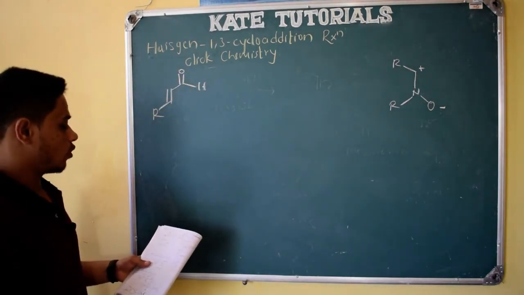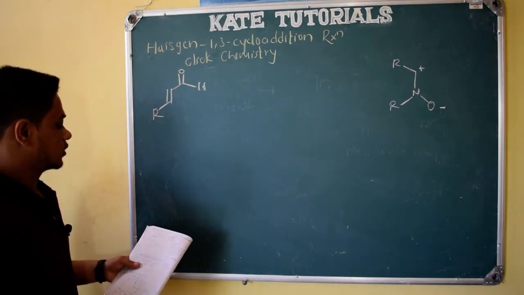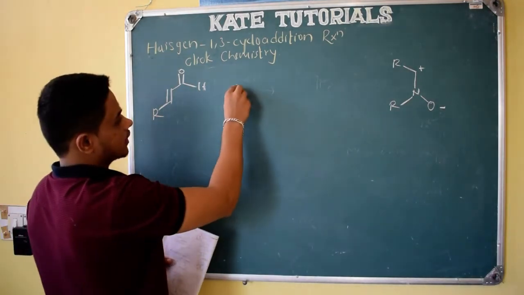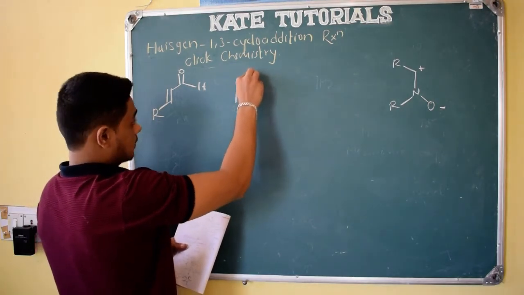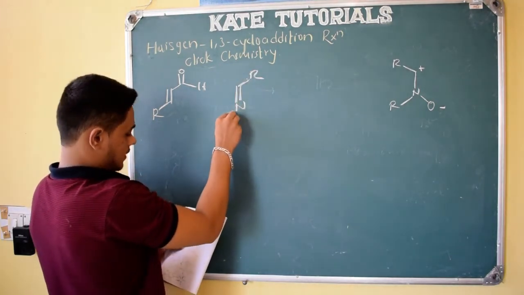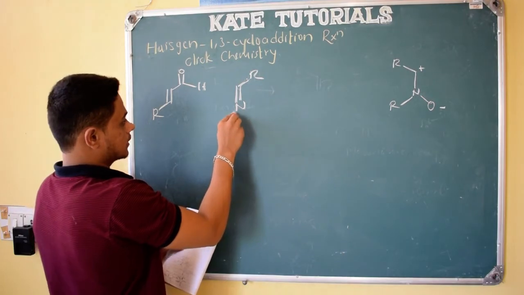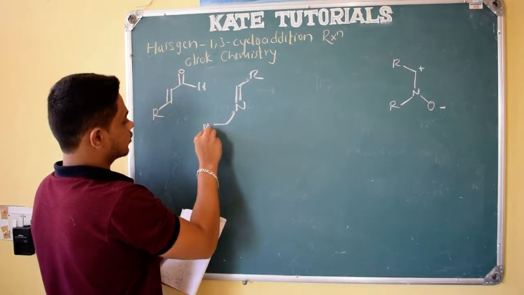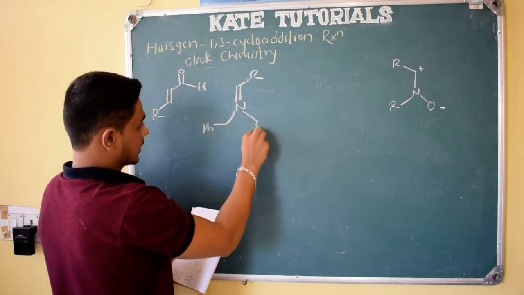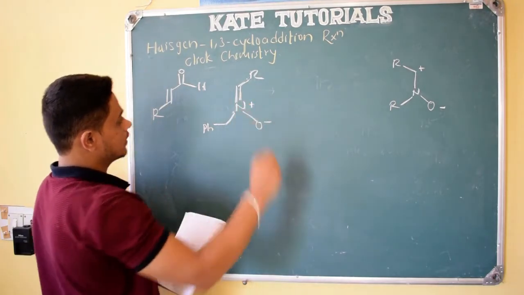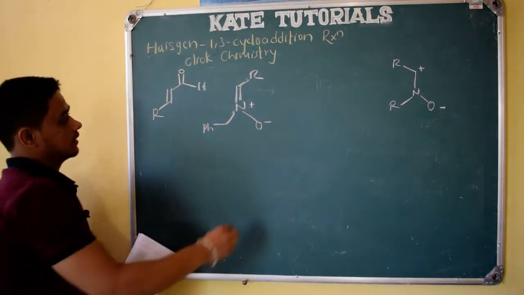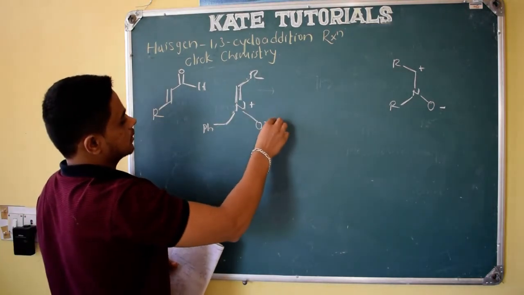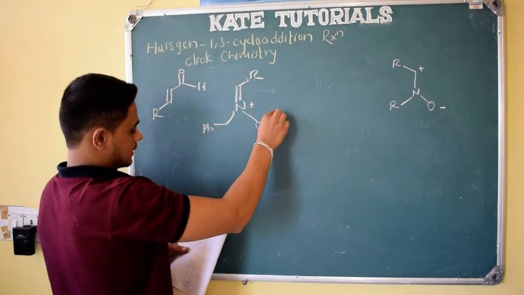This site will be more electrophilic. So what happens, and the species they have taken to be this one, N, and here instead of R they have taken CH2Ph, and here they have taken O negative, and nitrogen is having positive charge, right? So what happens is that, see here, the electron density moves like this also, right?